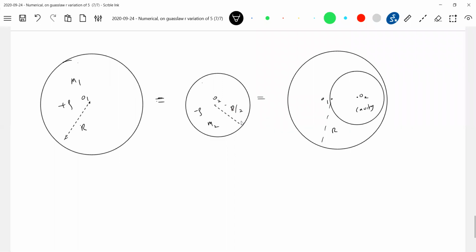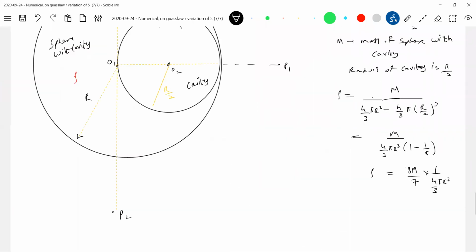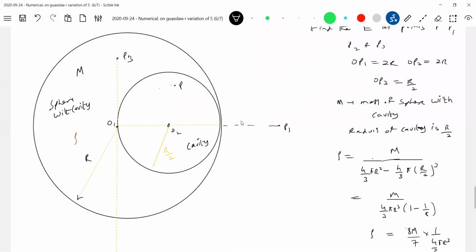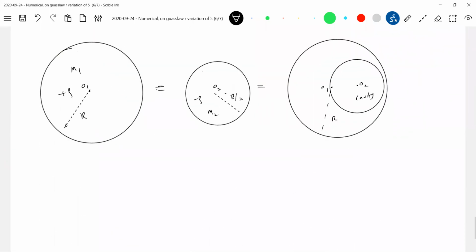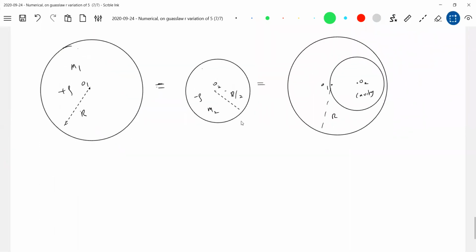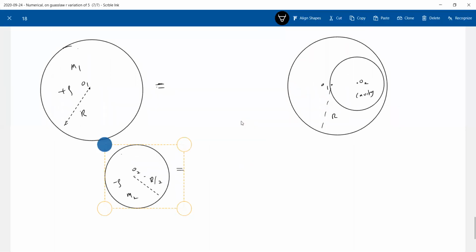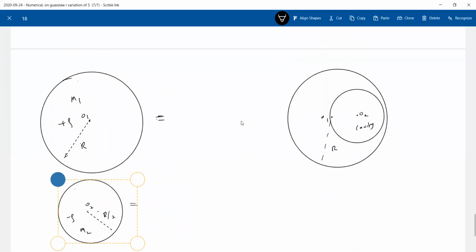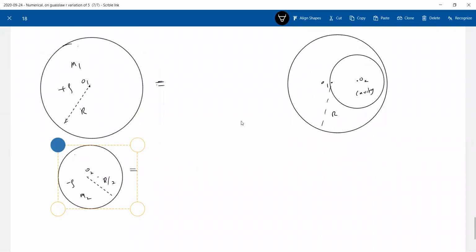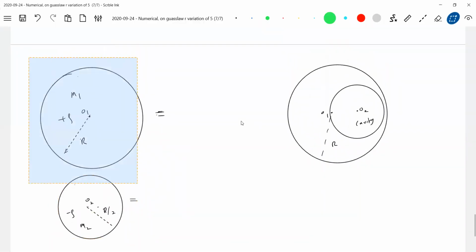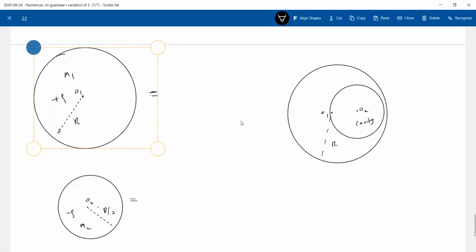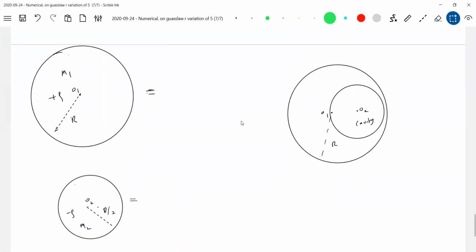So first, what is our question? Our question is to find out the field strength at the point. I'll do one thing. First, let me go for P1, you'll be on the safer side. First, I'll show for P1.